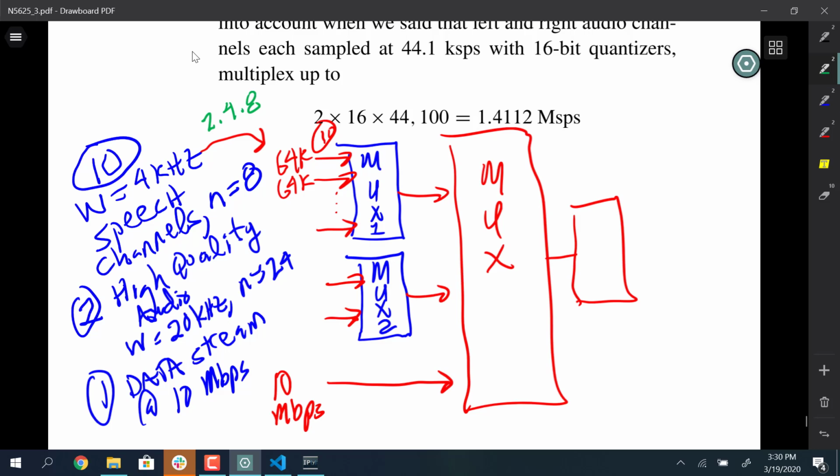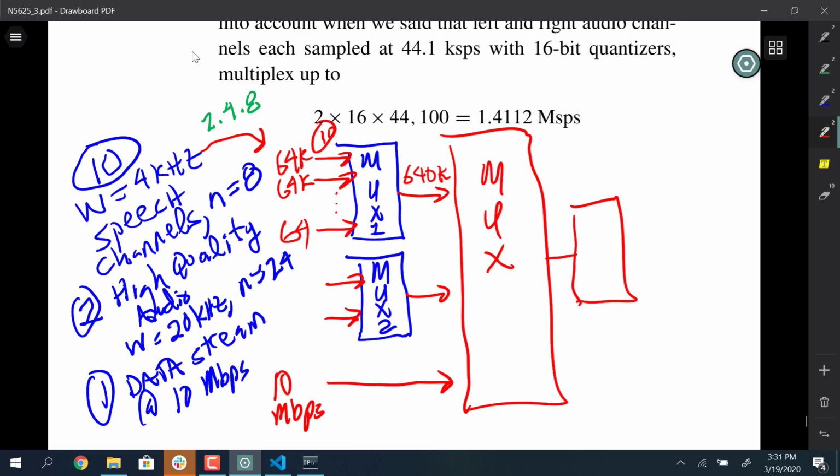So that's 8 times 8 or 64K. So we've got 10 of those, and that's going to be 640 kilobits per second.